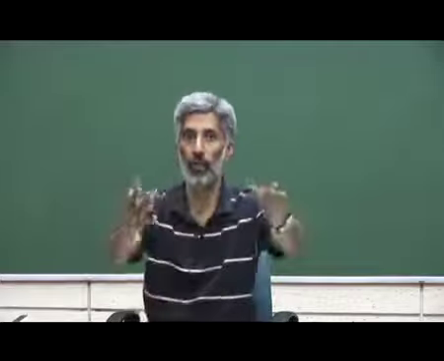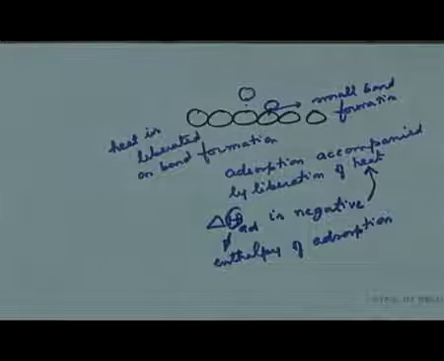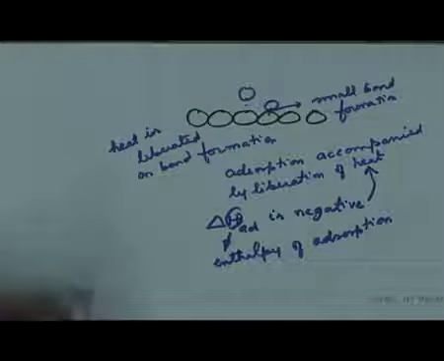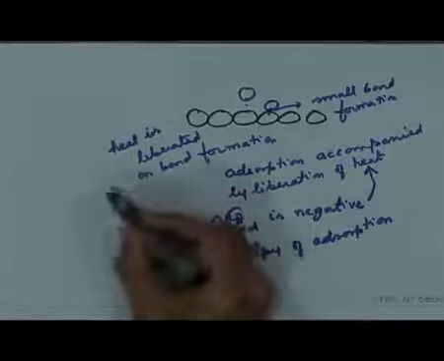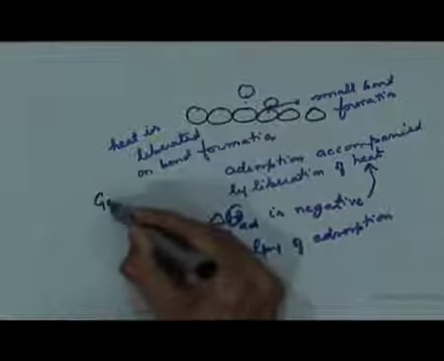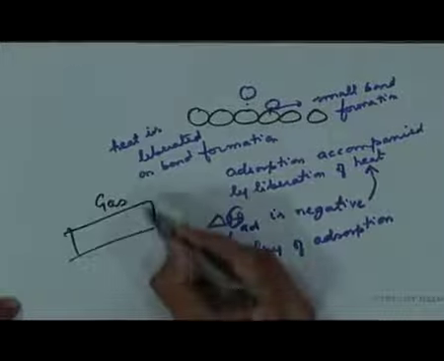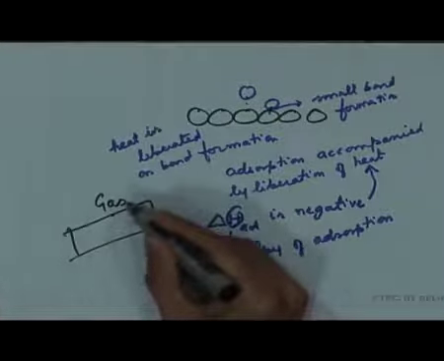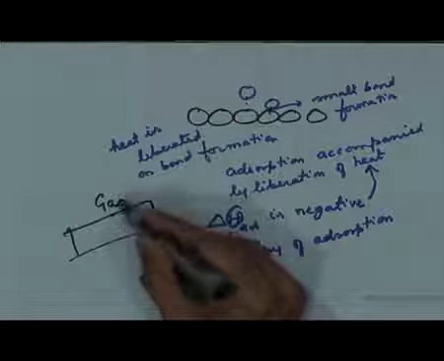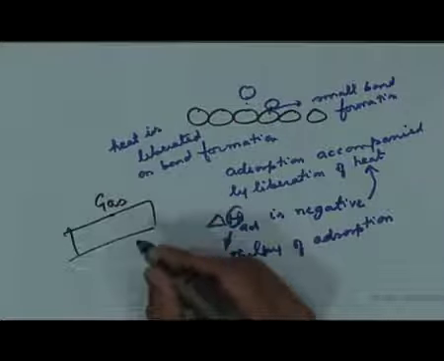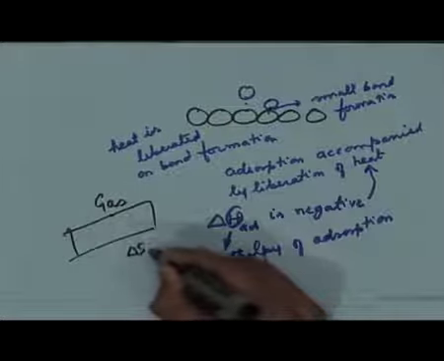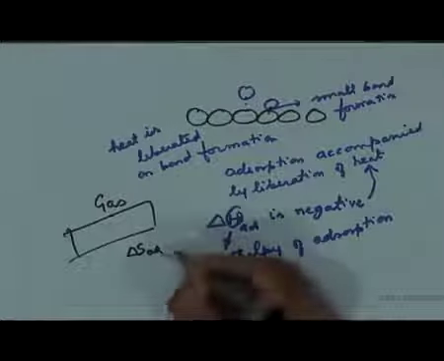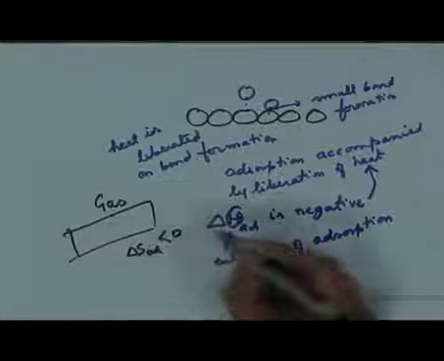The other thing that happens is that, in all of these cases, we are looking at the solid gas interface. So, imagine that I have a gas that is here and I have a surface here, and it gets adsorbed. Obviously, the entropy of the gas decreases. The entropy of the gas decreases when adsorption happens. So, the delta S of adsorption is also going to be less than 0.